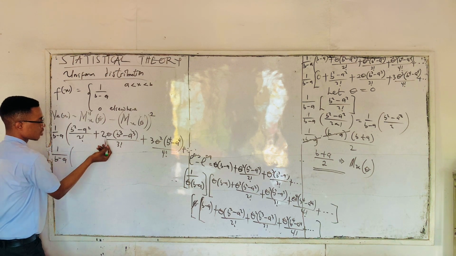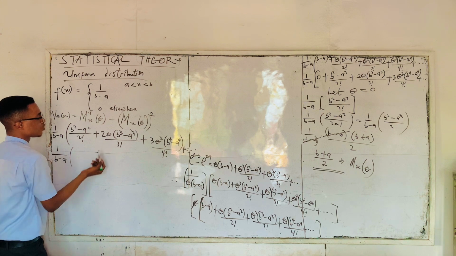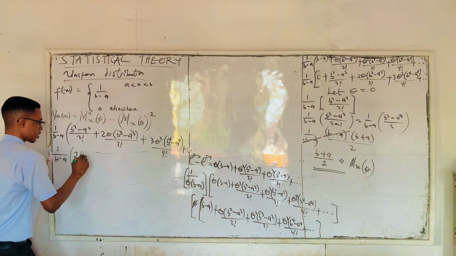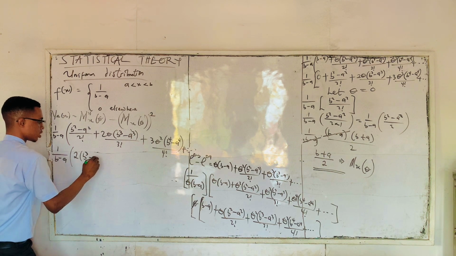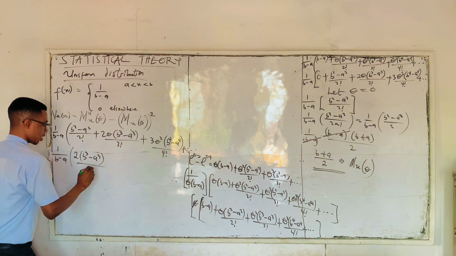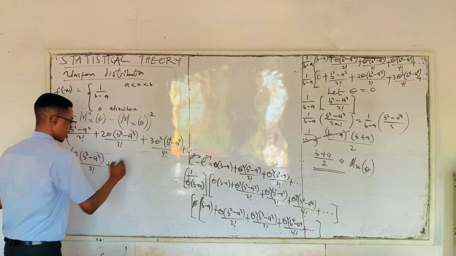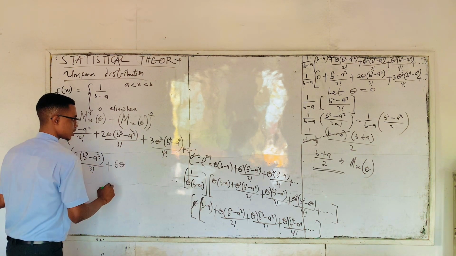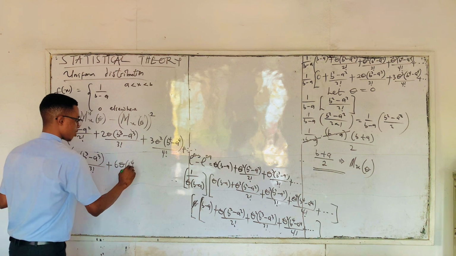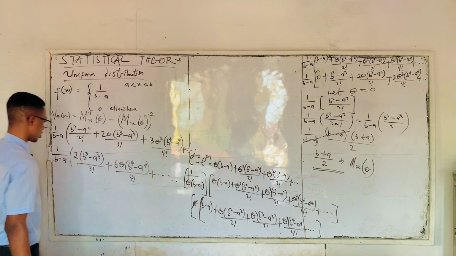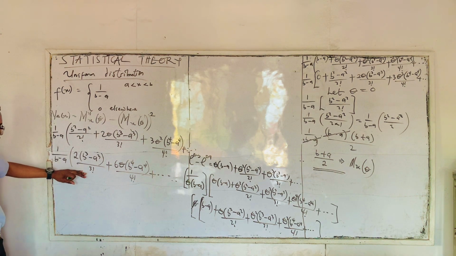If I differentiate 2 theta, I'm left with 2 into brackets b cubed minus a cubed over 3 factorial plus, if I differentiate this, I have 6 theta into brackets b raised to the power 4 minus a raised to the power 4 over 4 factorial plus infinity. Now this is what we get. This is the second derivative of this.